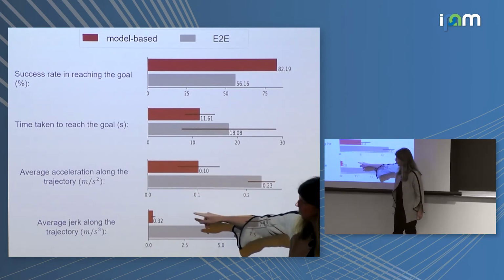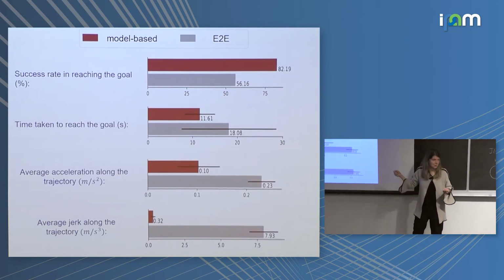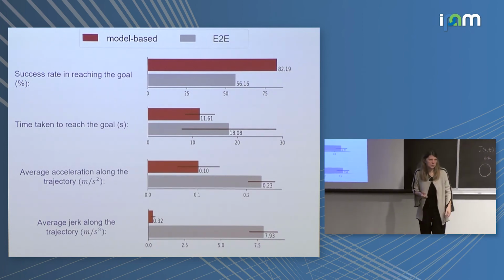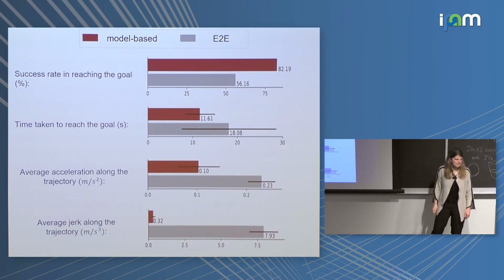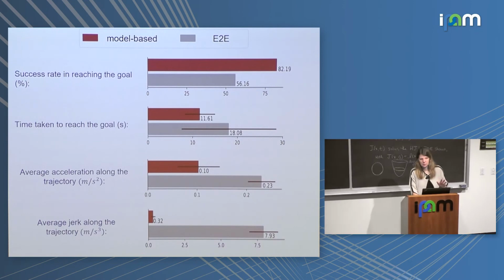These are intuitive because we're using a model, right? So the average acceleration and the average jerk, we measured those because one of our colleagues in computer vision said we've really got to do something better in control, because when we use end-to-end, you get these really jerky control profiles. So that was something that was expected. Wow, look at that.